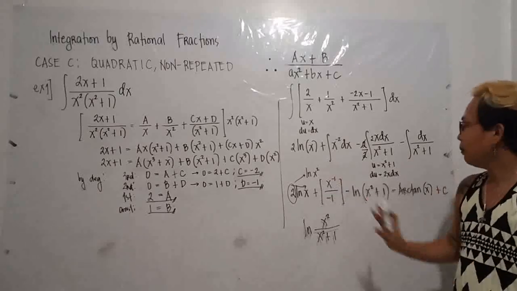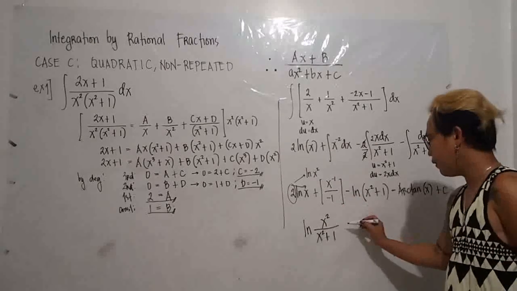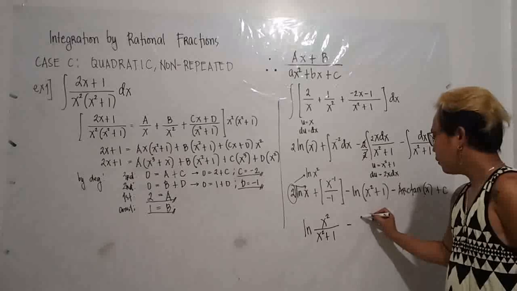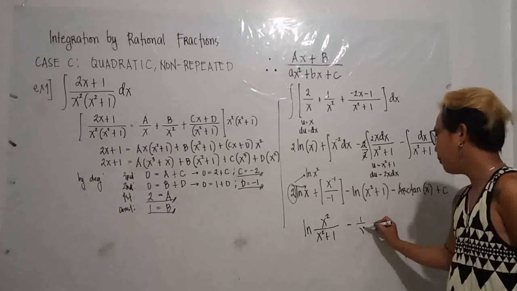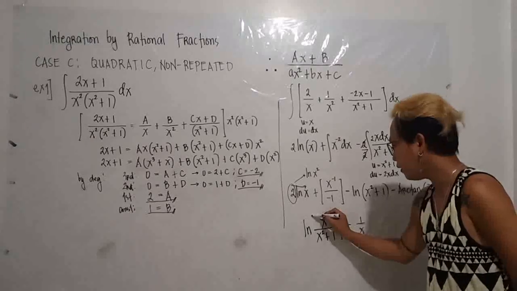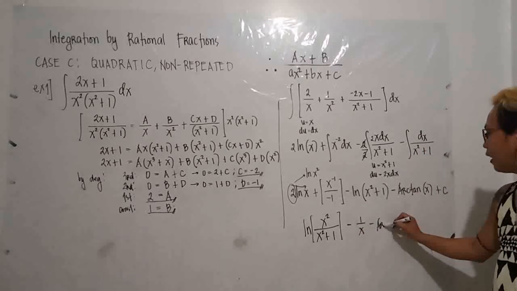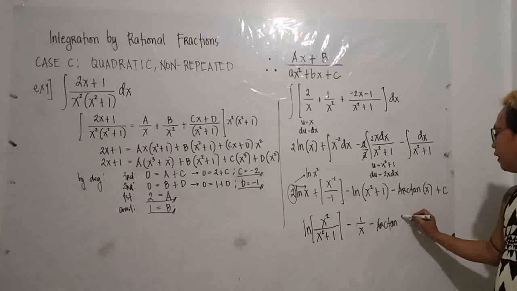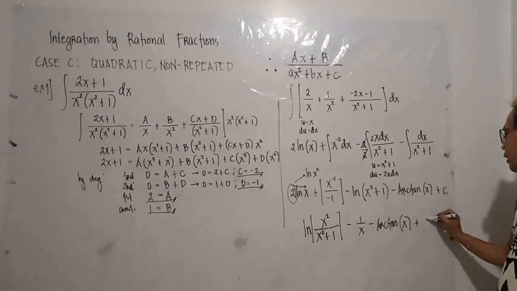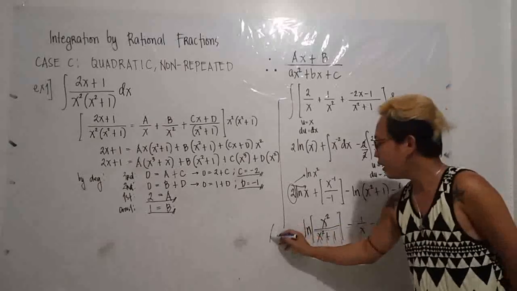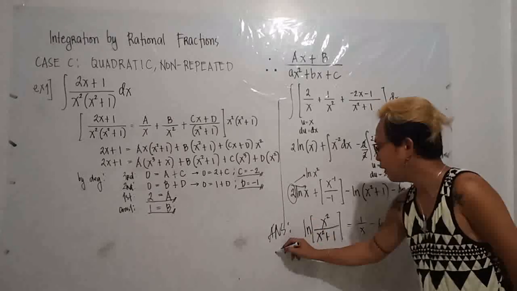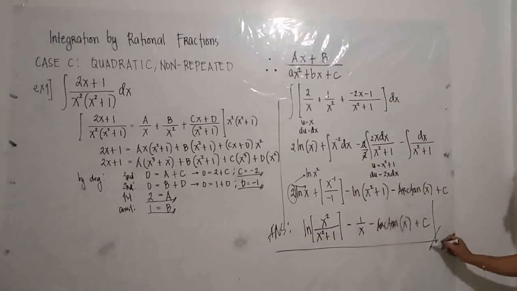Then this one is negative 1 over x. Then minus the arctan of x plus c. So this can be your final answer.